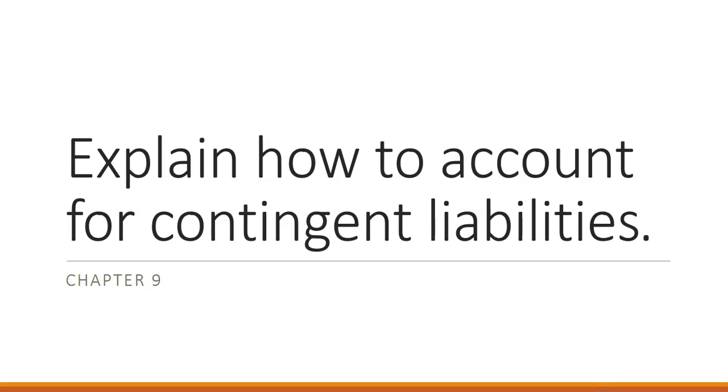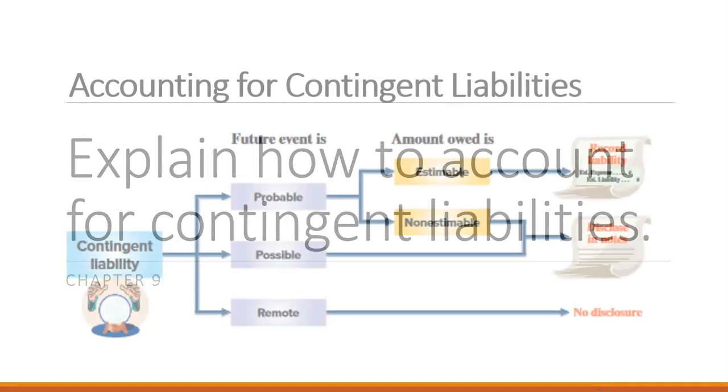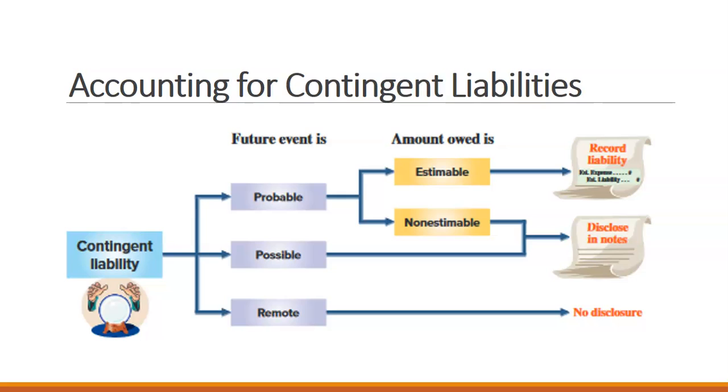Contingent liabilities are liabilities that we get based on a contingency. Sometimes these are a lawsuit. How do we determine if we have a contingent liability and whether or not we're going to record it in our accounting records?